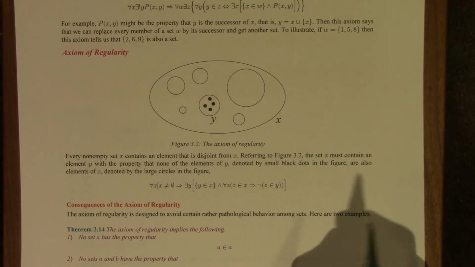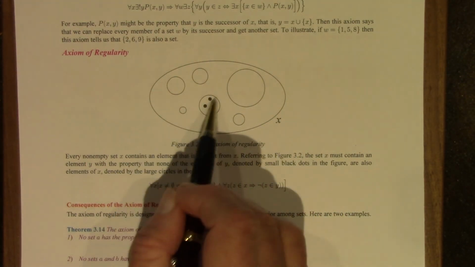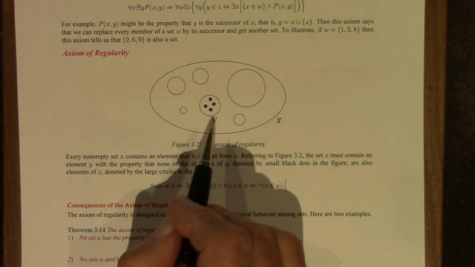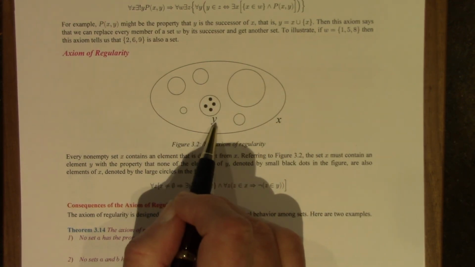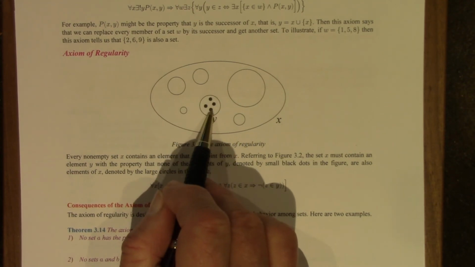So it's conceivable. Here's a picture for X. Again, we use open circles to denote the elements of X. Each of those elements, including Y here, is itself a set and may have elements.